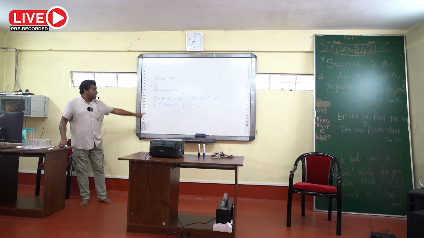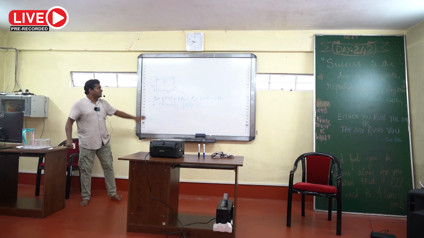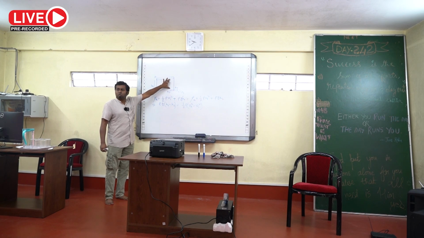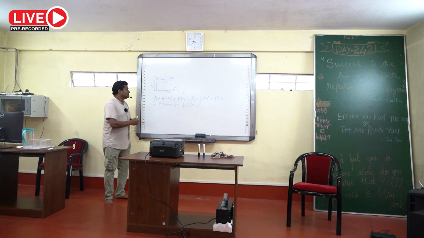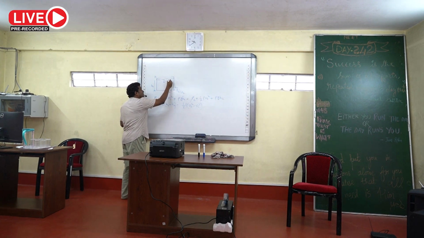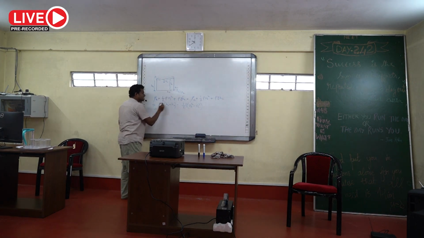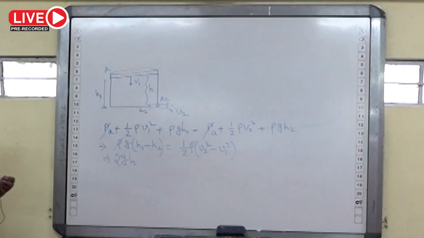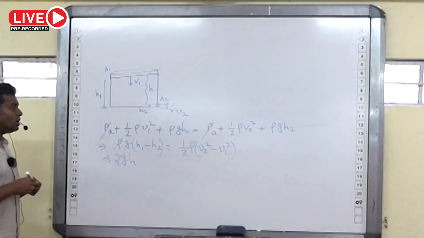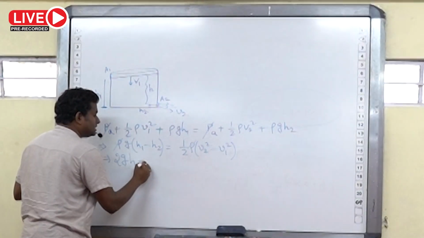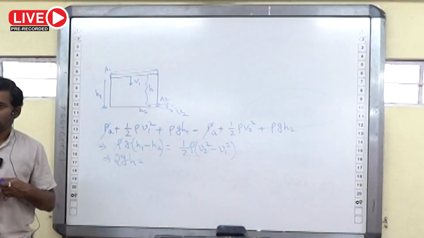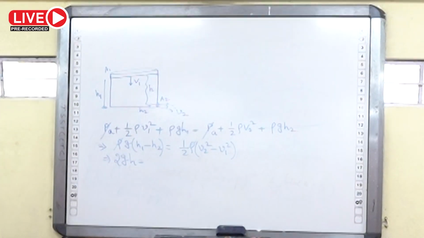Now h1 minus h2 is the difference of these two heights. Let us consider that to be H. So the difference of height for this portion is H. Cancelling rho, we can write 2gH equal to V2 square minus V1 square.